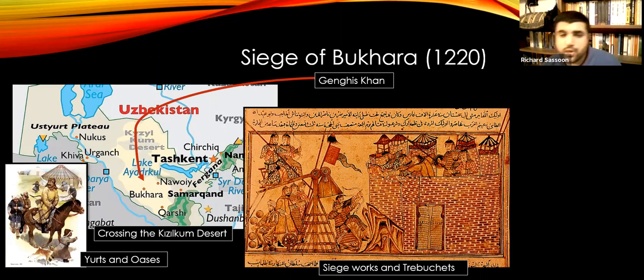And also, as Jason points out, they didn't require as much food or as long supply lines because they could milk their horses. So you ended up having this ability to actually pass through the desert and arrive on the other side, right at the city of Bukhara, where nobody would have expected them.